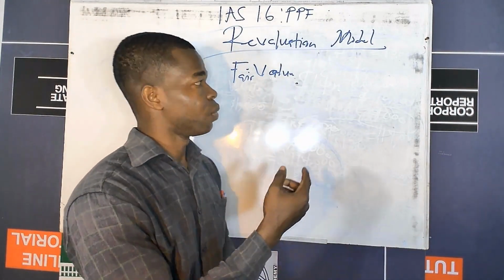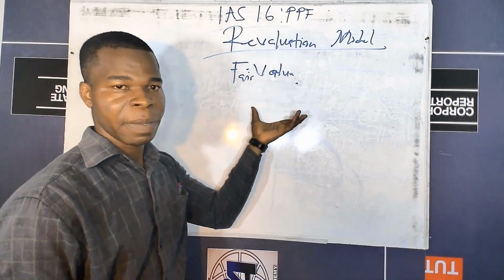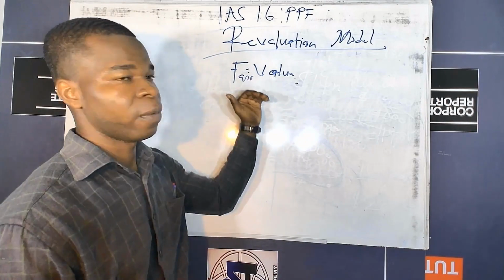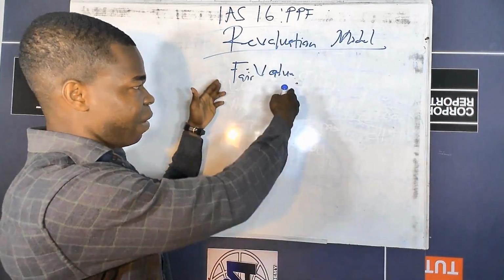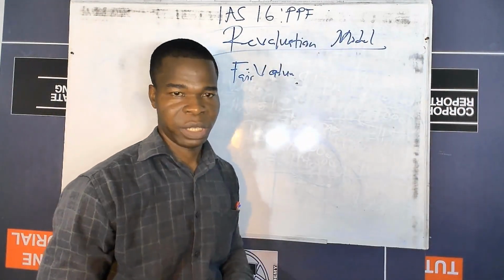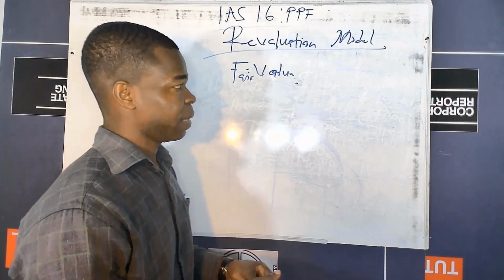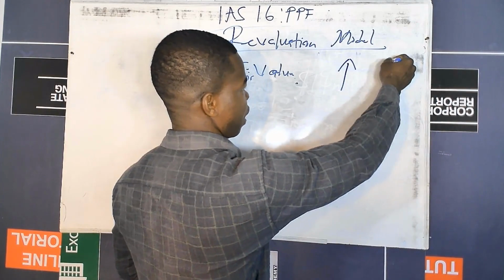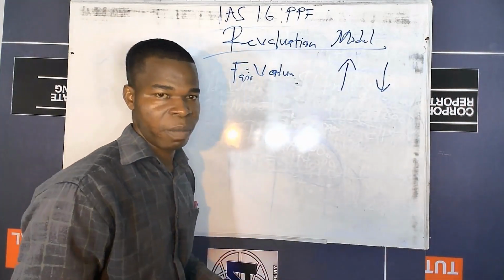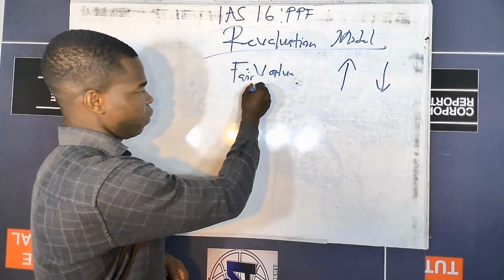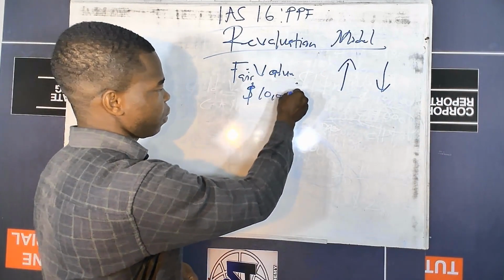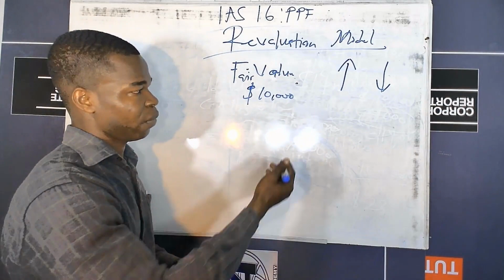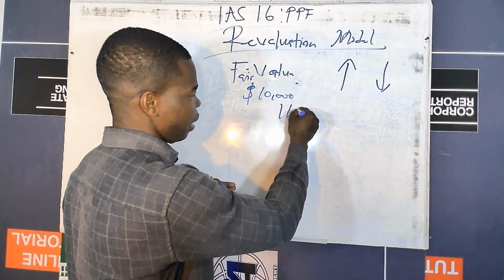So here, after initial measurement, we are not going to depreciate the asset, but rather we will hold it for revaluation. So that will be the fair value at the date of the revaluation. That is what it means. Sometimes you have upward revaluation, and sometimes you have downward revaluation. What do we mean? Let's say the cost of the asset is $10,000, and then maybe after 1 year of use, the asset has been revalued to 11,000.